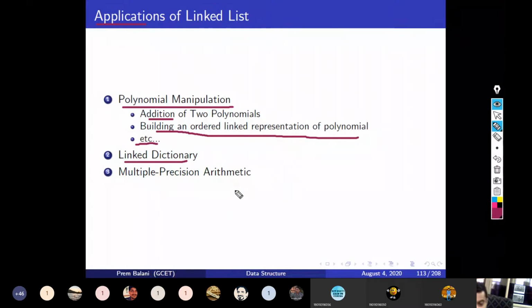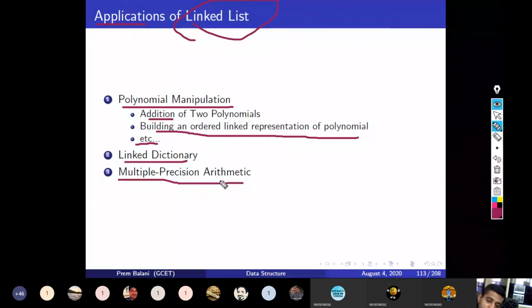Then multiple precision arithmetic. This multiple precision arithmetic is a very wonderful application of the linked list. This multiple precision arithmetic is not possible through machines, so through a linked list you can do this.